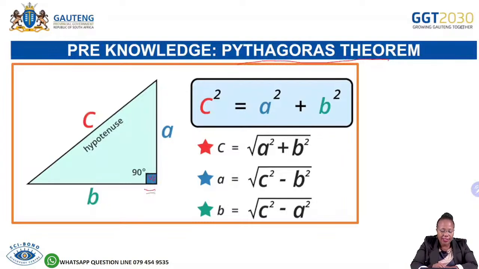The side that is opposite the 90 degrees is the hypotenuse side, and then this one is opposite, this is adjacent, and that is the hypotenuse.